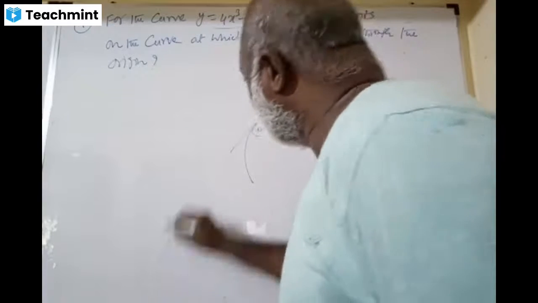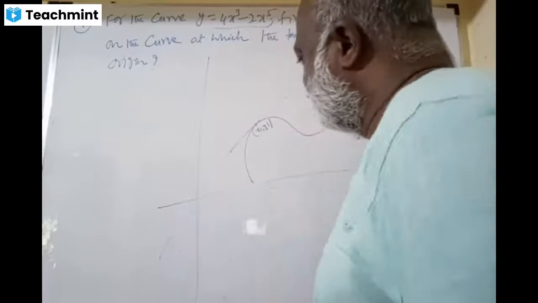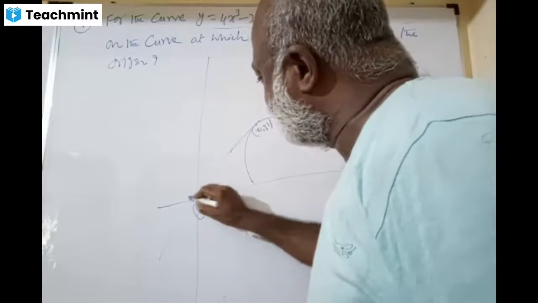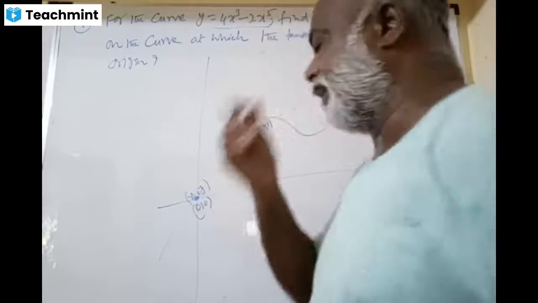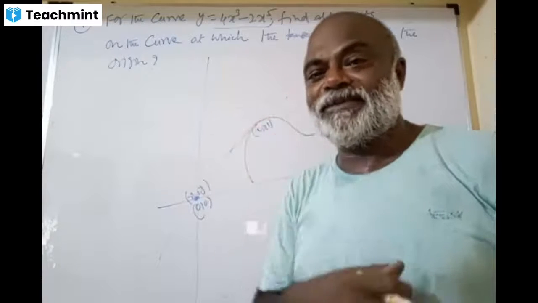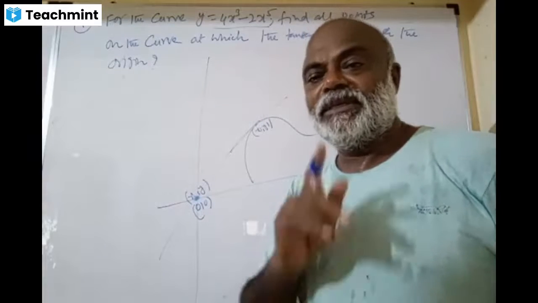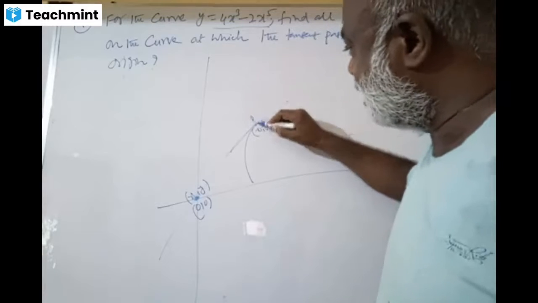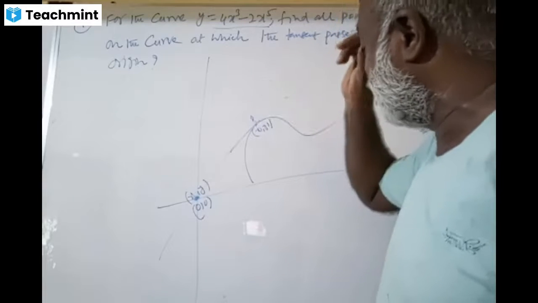The tangent is passing through the origin, the point 0, 0, which is called x, y. Be aware of the distinction.